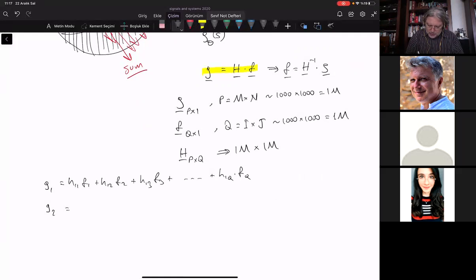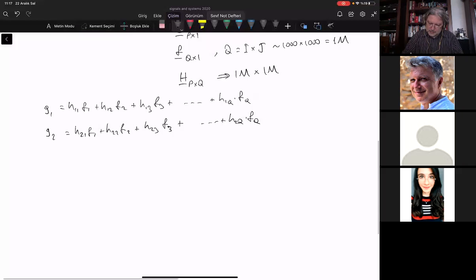And G2 will be equal to H21 F1 plus H22 F2 plus H23 F3 plus all the way up to H2Q times FQ. And it goes on like this. They are all linear equations, which is where the name linear set of equations comes from. Every equation is a line.